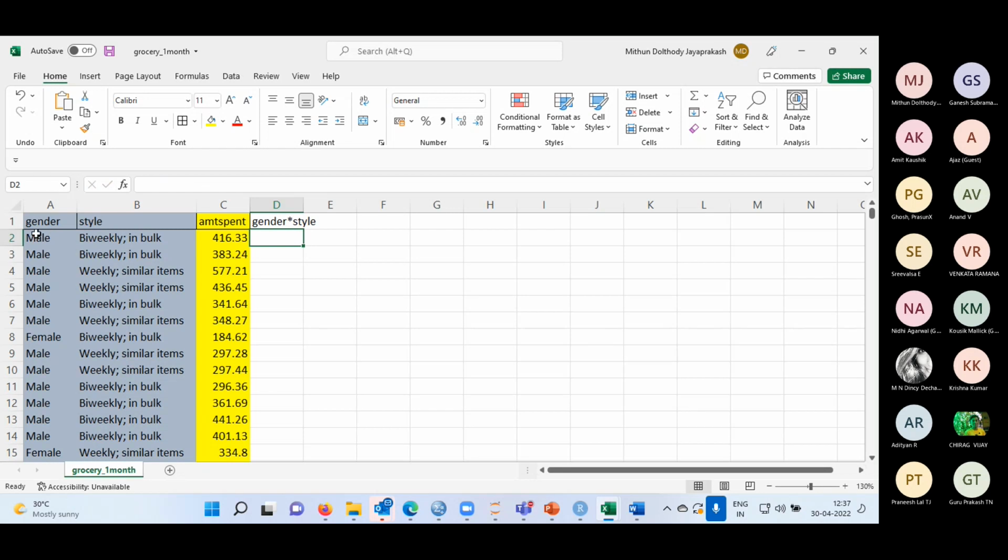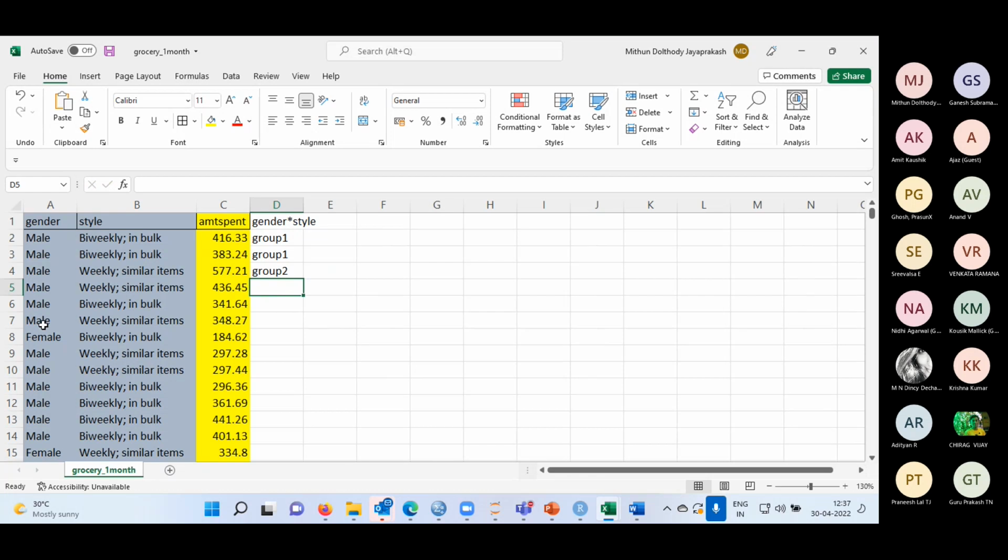Males who are bi-weekly customers will be marked as one category. They are group 1. Now, males who shop weekly will be considered as group 2, altogether a separate group.